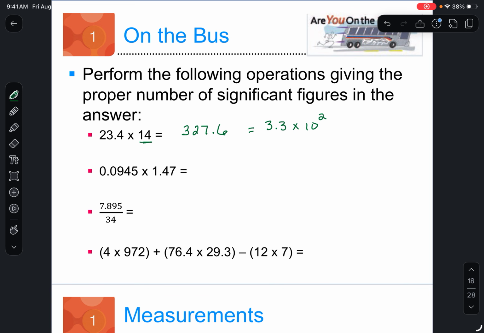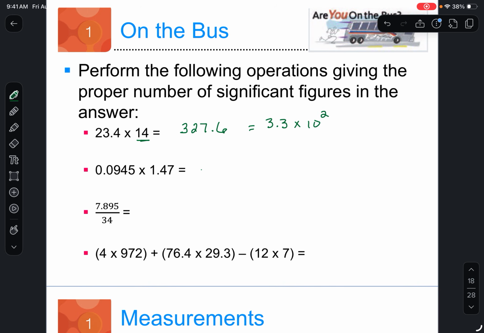In this next one, I have 0.0945 times 1.47. So when you plug that in, you get 0.138915. And now, again, I'm multiplying.